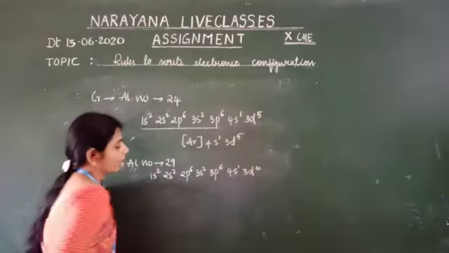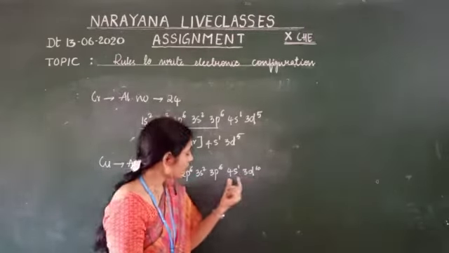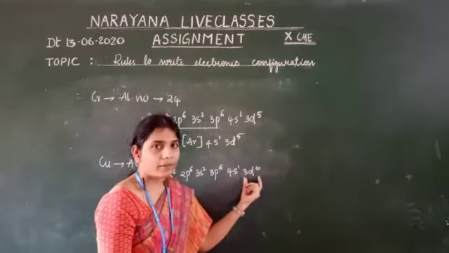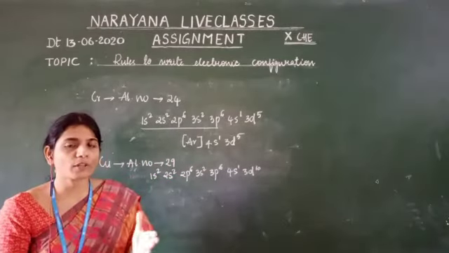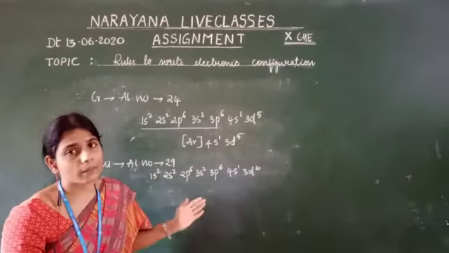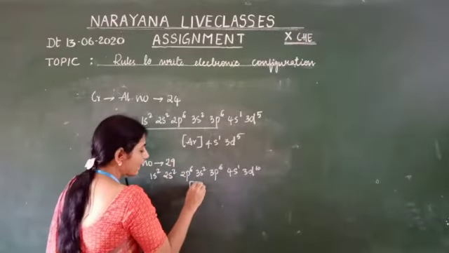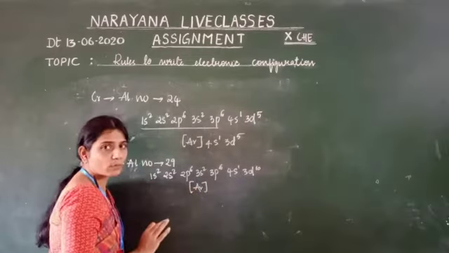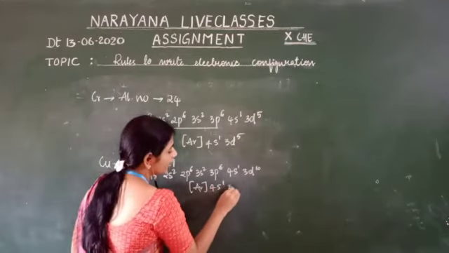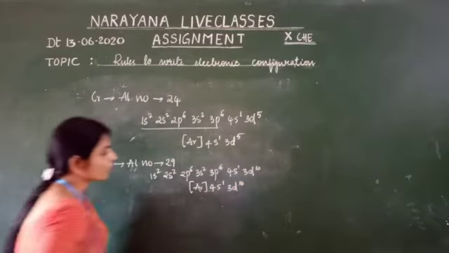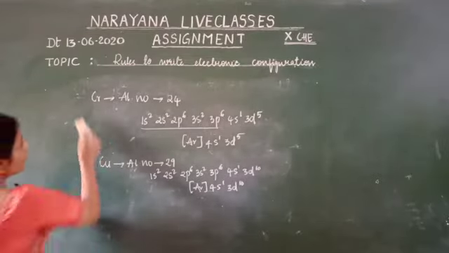Here also, instead of completely filling the 4s, I have completely filled the 3d. Because here 4s will be half filled and 3d will be fully filled. Half-filled and fully filled configurations are stable. So in order to attain the stable configuration, it has violated the rule. Though it has violated it, since it is a stable configuration, it is an allowed configuration. So this will be 4s1, 3d10. These are the configurations for chromium and copper. Coming to the next question.